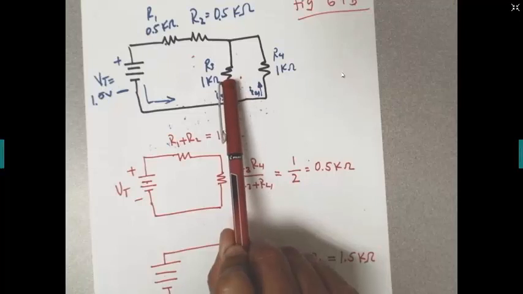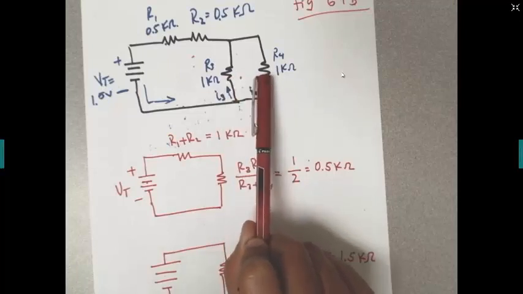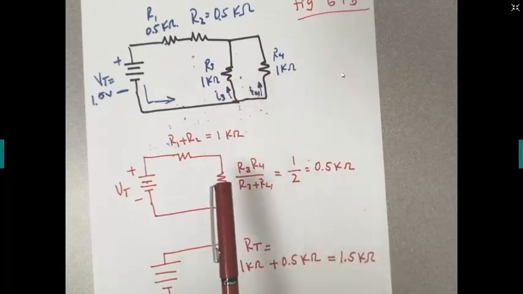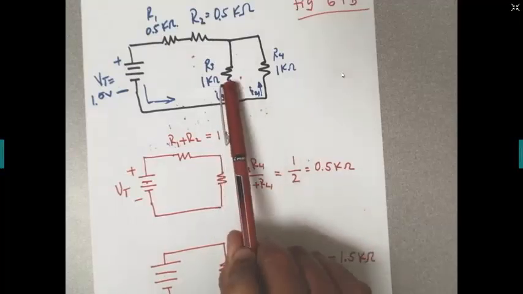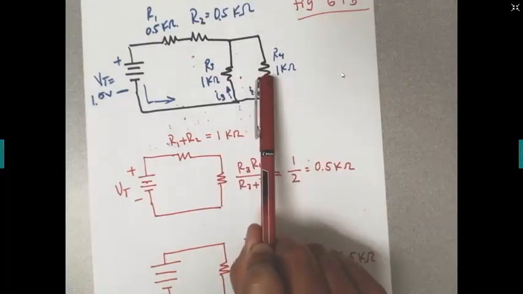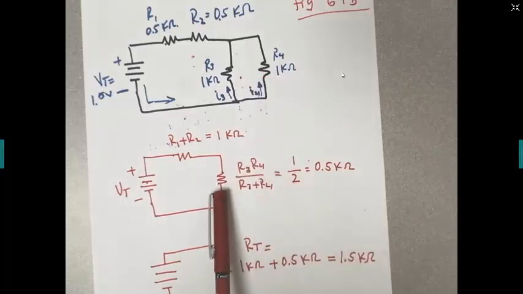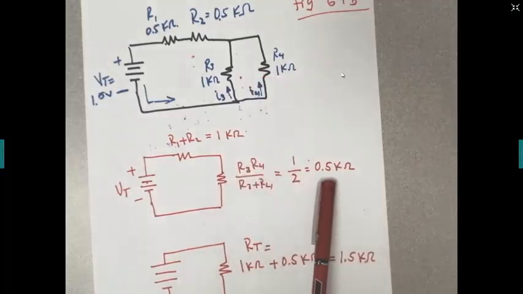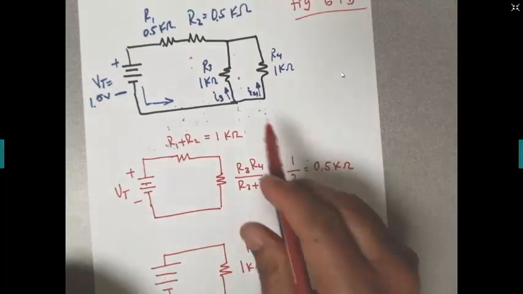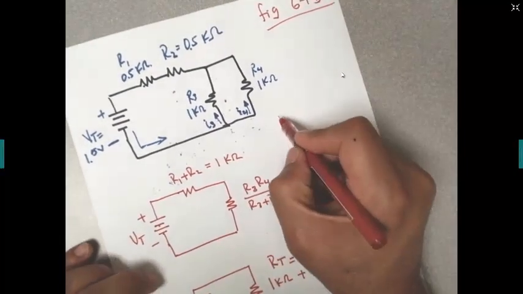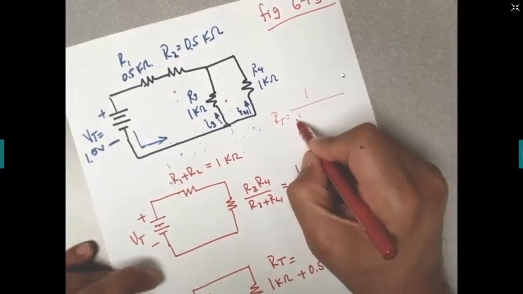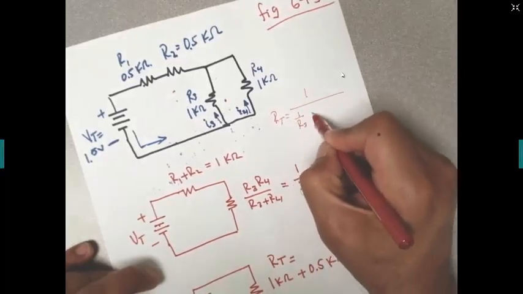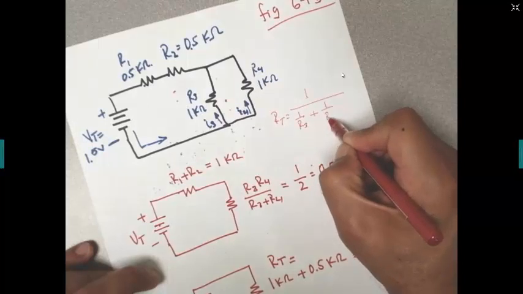Remember, when you have a parallel connection, the equivalent resistor must be less than the smallest one of the two. These two are 1, so the resistance has to be less than 1, which is 0.5, which is okay. Now, this can also be calculated by doing 1 over R3 plus 1 over R4.